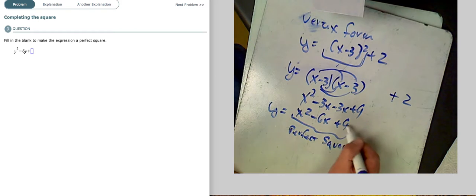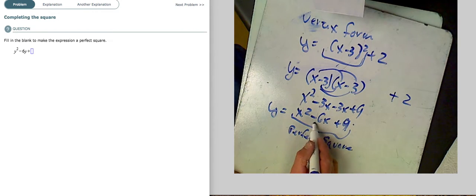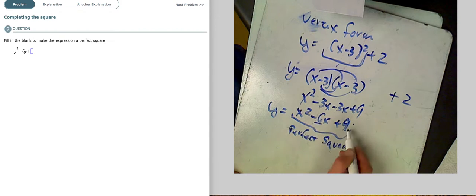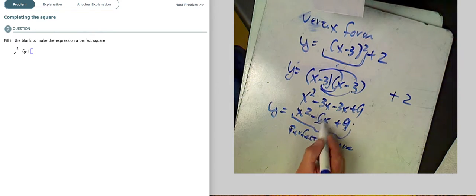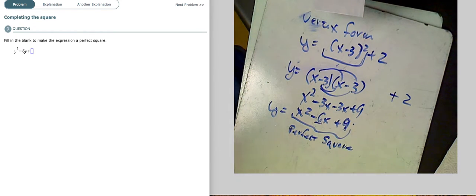You'll notice that this 9 is a perfect square, the square root of this is 3, and half of this is 3. All perfect square trinomials have that relationship in common: b, this middle term, half of that squared is this last term, right?